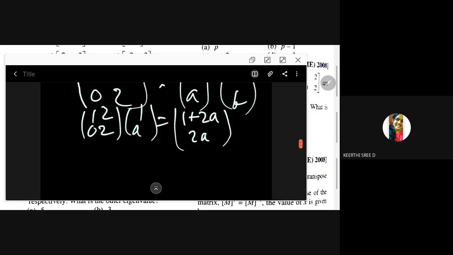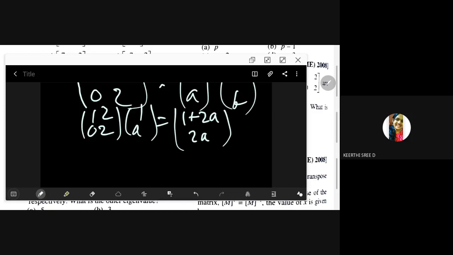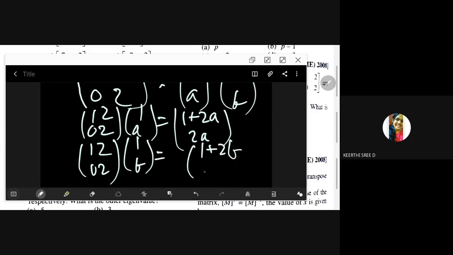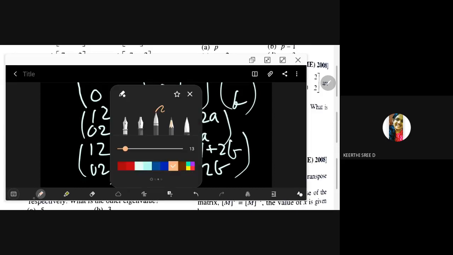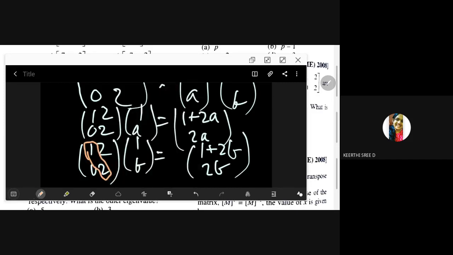So here itself we can write 1 2, 0 2, times 1 b is 1 plus 2b, 2b, right? But on the other hand, the eigenvalues are 1 and 2 because this is an upper triangular matrix. So they are the eigenvalues.